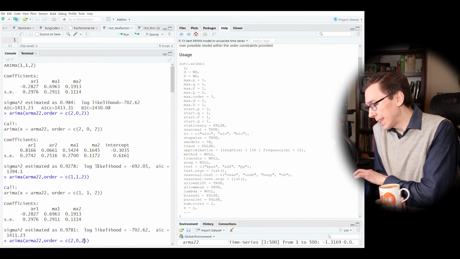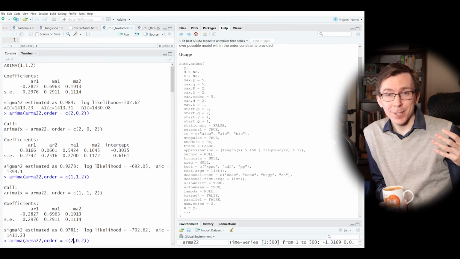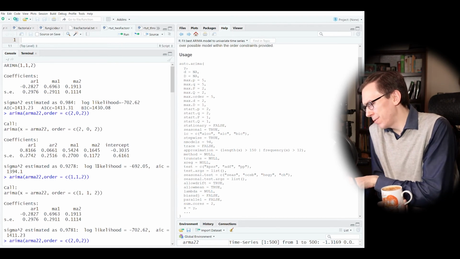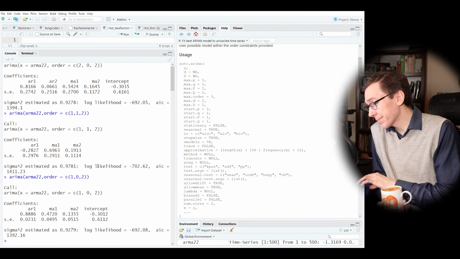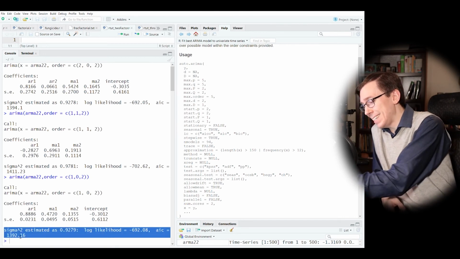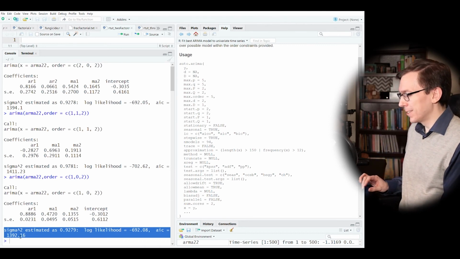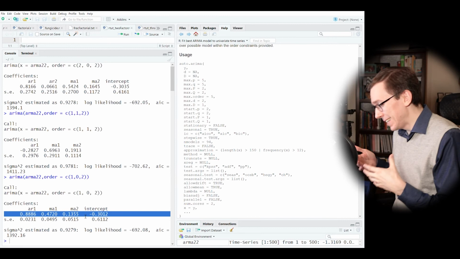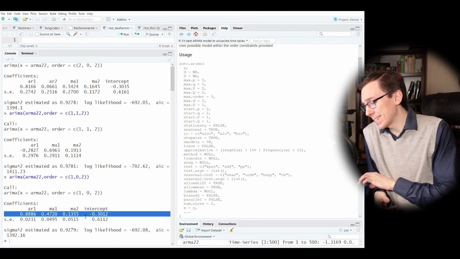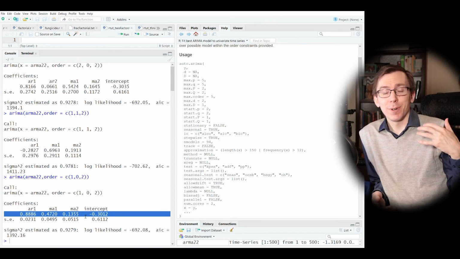So if I were looking at this data and I didn't know what the right answer was, I might think to myself, well, maybe I should fit an AR1 MA2 process. And hey, now there's an interesting result. We actually get a smaller AIC with this model. So again, it's not the model that we wanted, but it is giving us a smaller AIC based on the data.